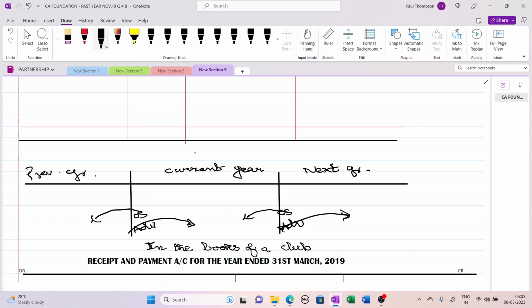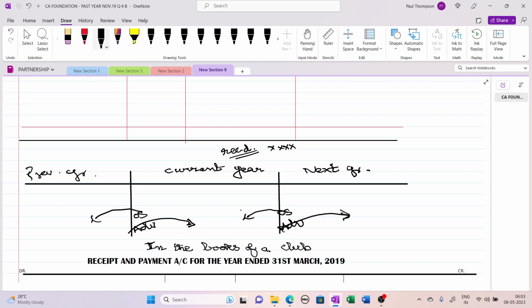Now, whatever amount is received during the current year as per your receipt and payment account, you would have been given a receipt and payment account, this much subscription is received.